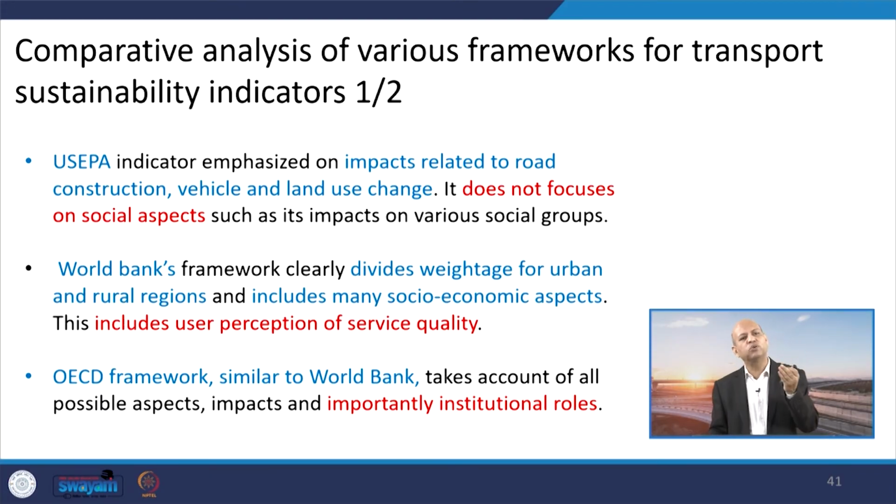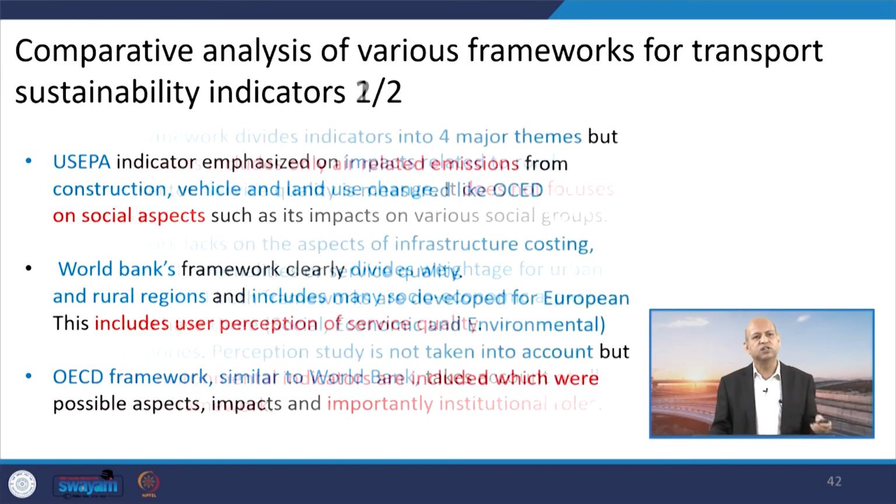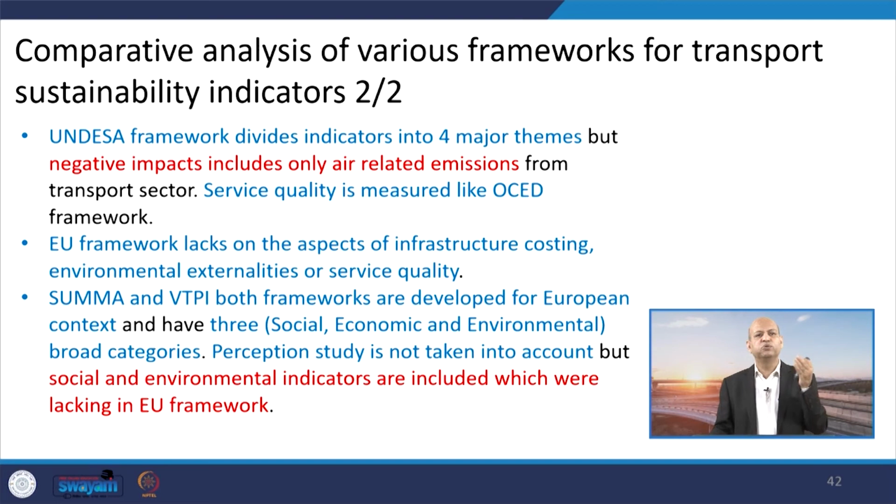Similarly, if we talk about the OECD framework, then similar to the World Bank, it also takes account of all possible aspects, impacts, and these important aspects of institutional roles. When we talk about the UNDESA framework, it divides indicators into 4 major themes, but negative impacts include only air related emissions from the transport sector, and service quality is measured like the OECD framework.